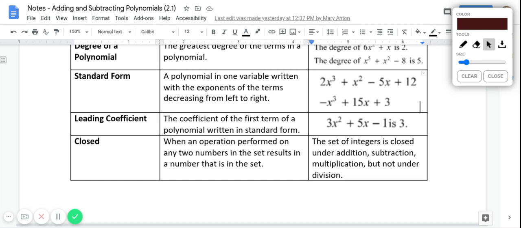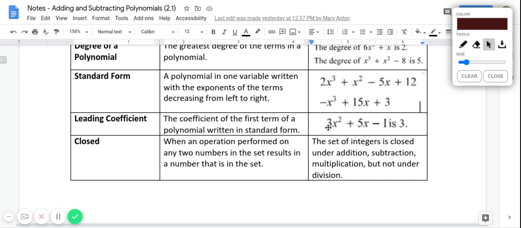Okay, now leading coefficient. The leading coefficient is the coefficient, which is a number, like 1, 2, -1, half. It's a real number. It's the coefficient of the first term of a polynomial written in standard form. So for example, the leading coefficient of this polynomial is the number next to the highest degree term, which in this case is x squared.